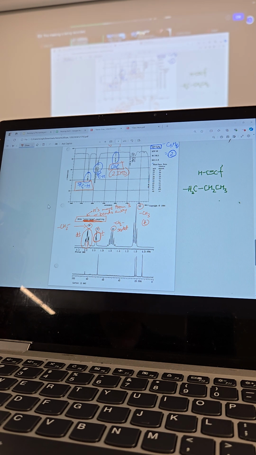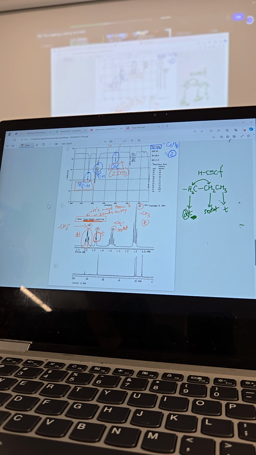Yes? So those are triplets. This is the signal that's split into a sextet. But then the other one is split into a doublet of a triplet. The triplet makes sense because there's coupling going on there.